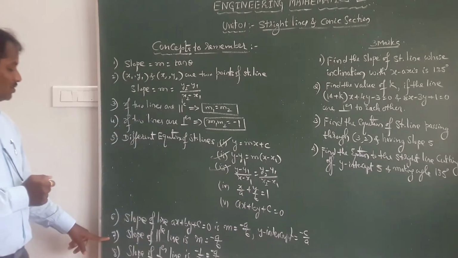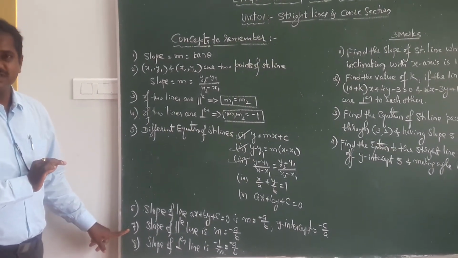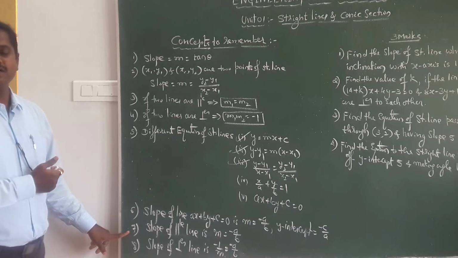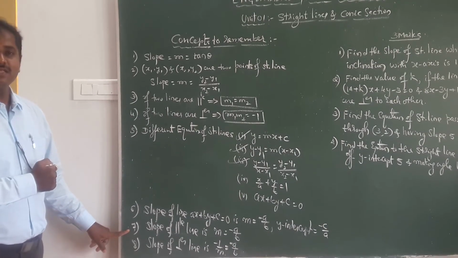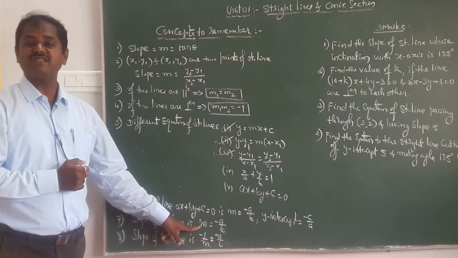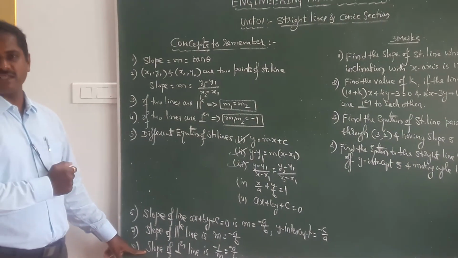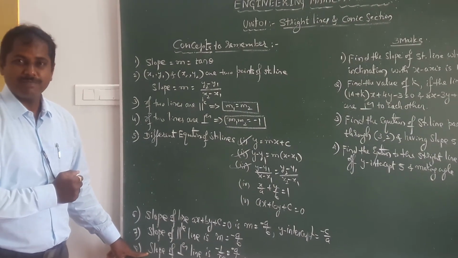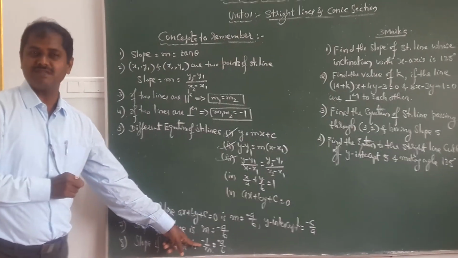Okay, remember this is a very important question for your 5 marks. Slope of a straight line, if the lines are parallel, is m is equal to minus a by b, and the slope of a perpendicular line is minus 1 by m is equal to minus a by b.